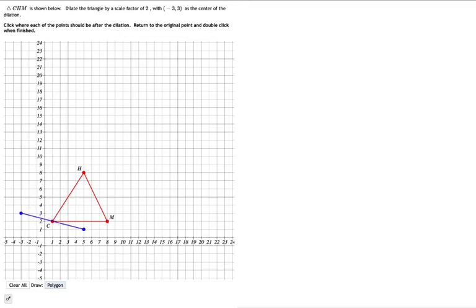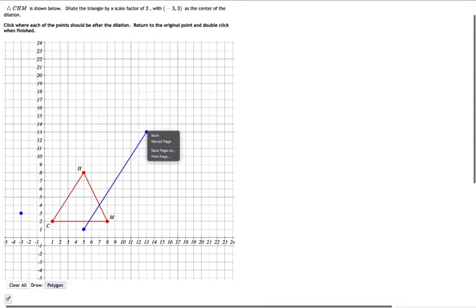Maybe go to H next. We're rising 1, 2, 3, 4, 5 from the center of dilation and running 1, 2, 3, 4, 5, 6, 7, 8. Double that would be running 16.